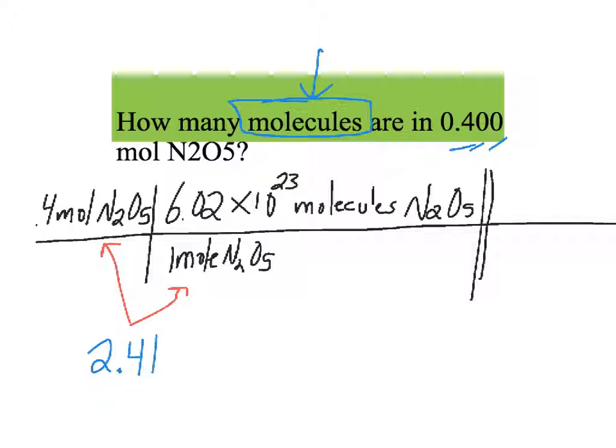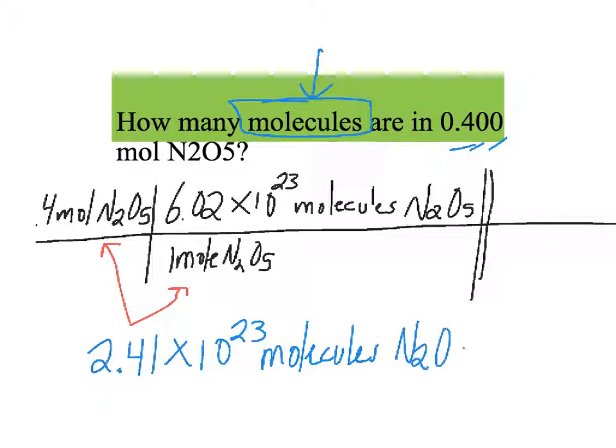So the answer is 2.41 times 10 to the 23rd molecules of N2O5, dinitrogen pentoxide.